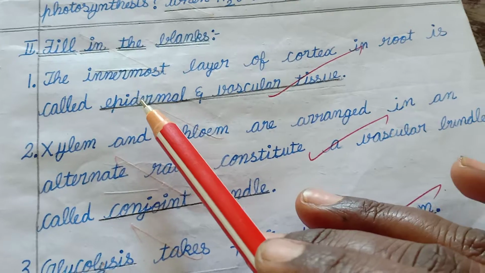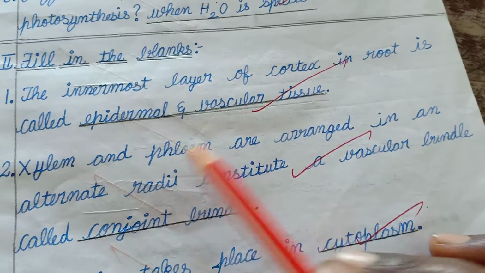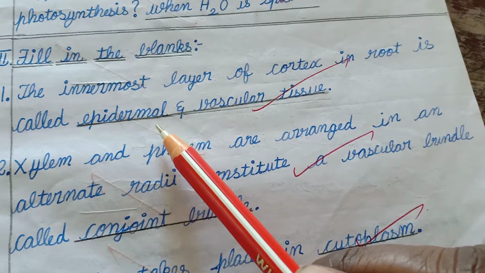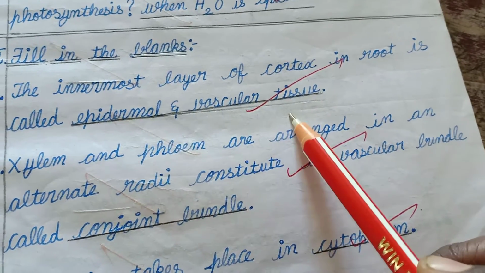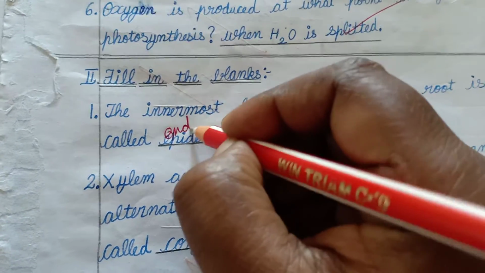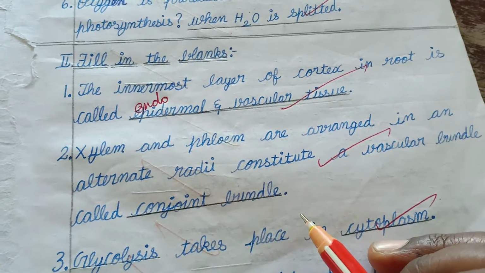The innermost layer of the cortex in root is called endodermal, and vascular tissues. Okay, it is endodermal and vascular tissue.